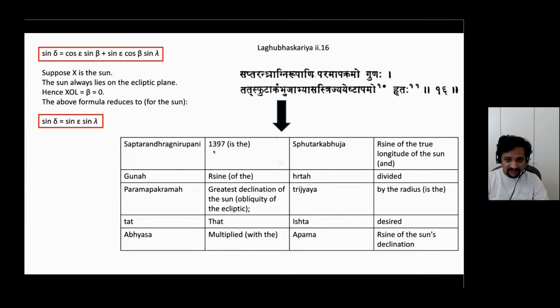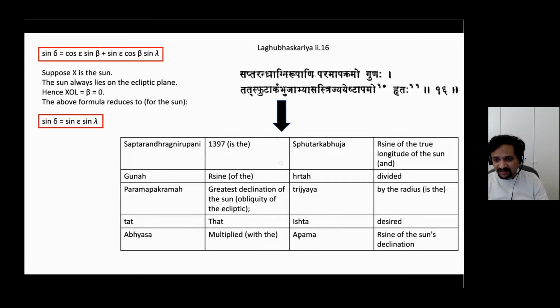So this is how we can make sense of the first part of the verse, that 1397 is the R sine of the greatest declination of the sun, or the obliquity of the ecliptic. So that is R sine epsilon multiplied with the Sphutarka bhuja. This is the R sine of the longitude of the sun. So R sine epsilon multiplied by R sine longitude, R sine lambda, divided by the radius. R sine epsilon times R sine lambda divided by R is nothing but R sine epsilon sine lambda, which is equal to the desired R sine of the sun's declination.